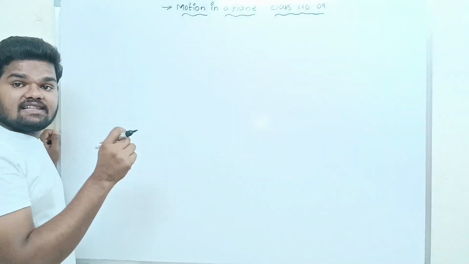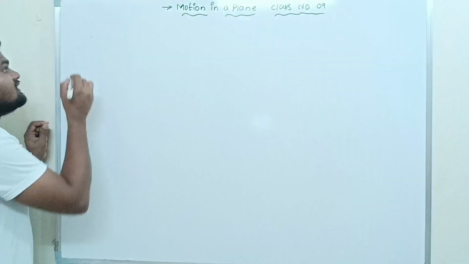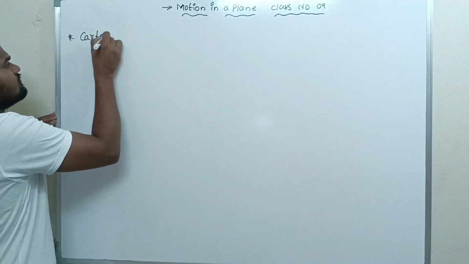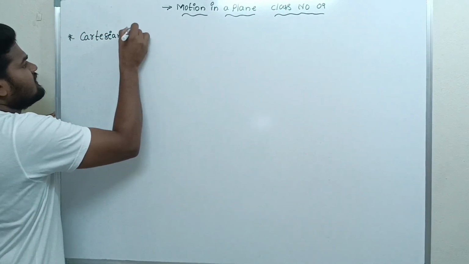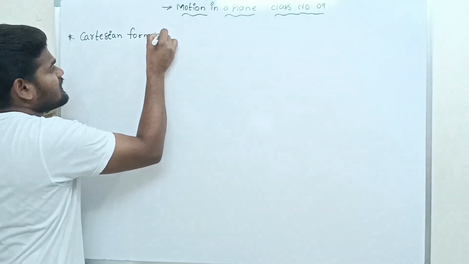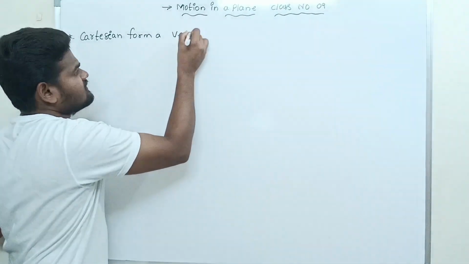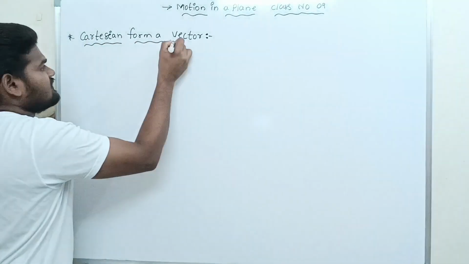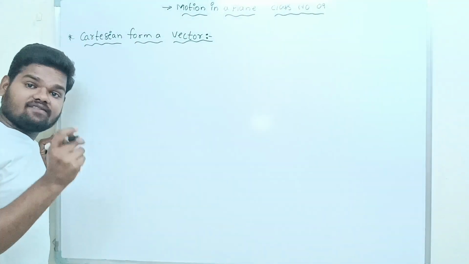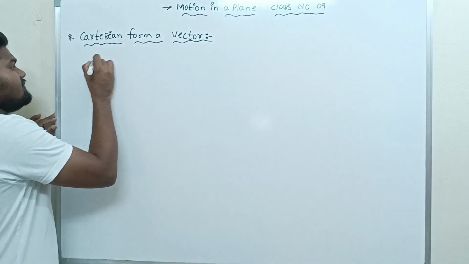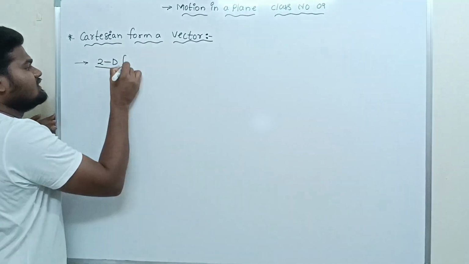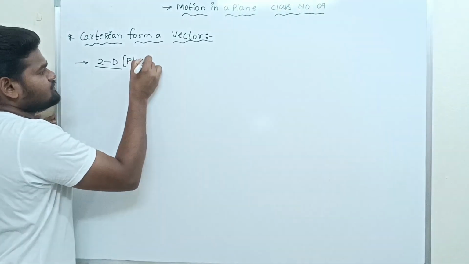Before going to discuss that, there is a small concept. Have a look. That is the Cartesian form of a vector. What is the meaning of Cartesian form of a vector? I'm taking a two-dimensional plane.